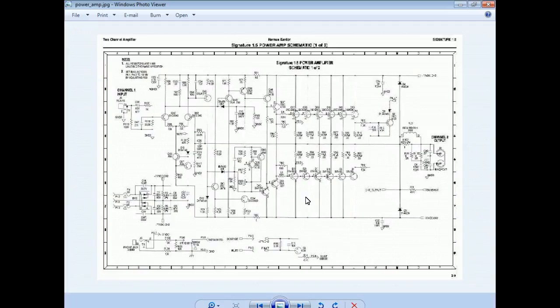What's this guy right here? What's this? So what is this? So this is our power supply, right? So here we get, good gracious, I can't see what that is, 70 something volts, 75 volts.